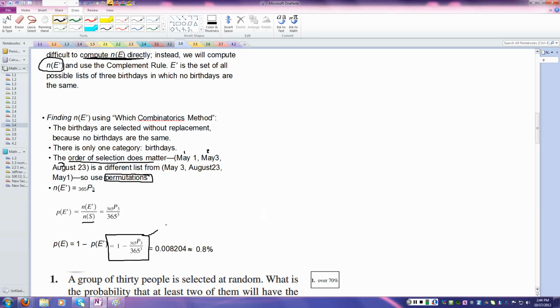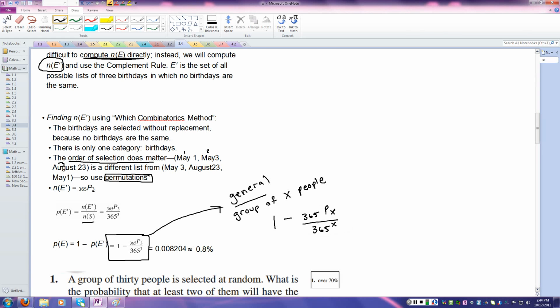In general, if I want to look at the birthdays with a group of X people, this is the calculation I do: 1 minus 365 permutation X over 365 to the X power.